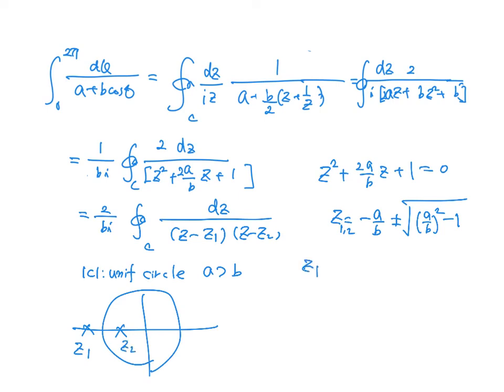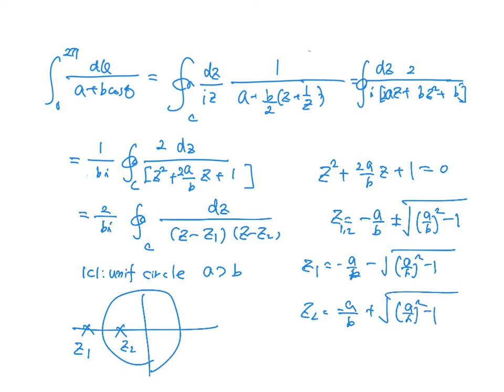C1 is minus A over B minus square root of A over B squared minus 1. C2 is minus A over B plus square root of A over B squared minus 1, right? So this is a unit circle.